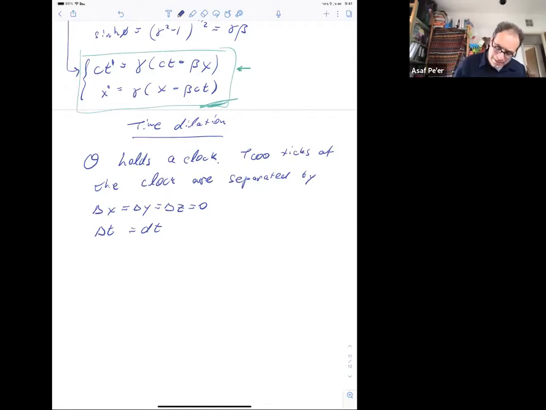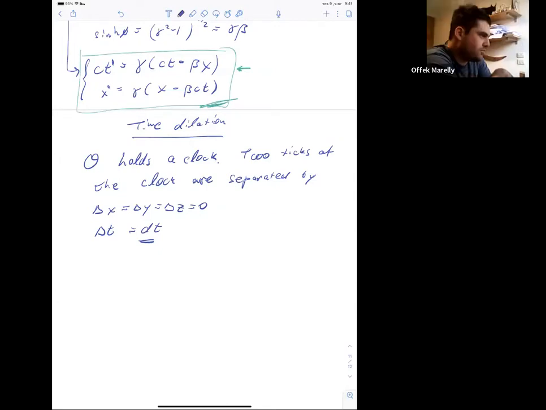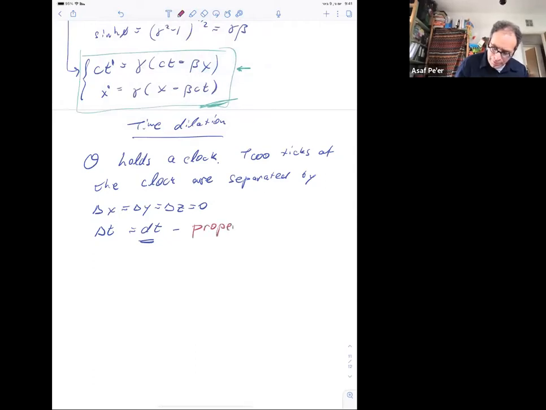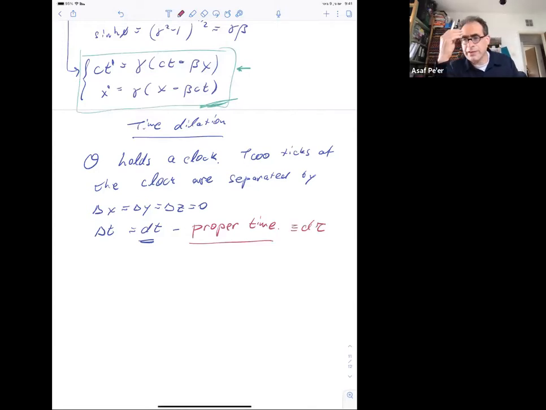Now, this dt, this is what the manufacturer meant. It has a name. You might know the name. What do we call this? Proper time. That's right. This is the proper time. Very good. It's often denoted as d tau, to distinguish it from the time in any other frame.